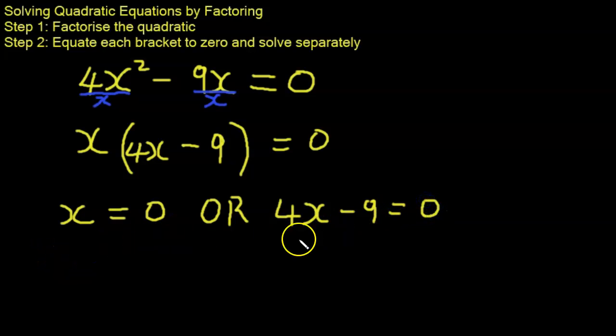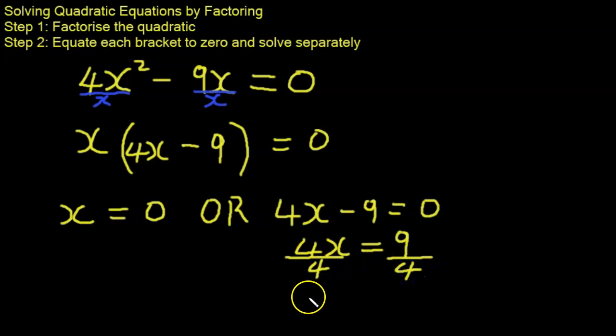Alright, so x equals 0 is a solution. 4x minus 9 equals 0. We can solve that. Add 9 to both sides. This becomes 4x equal to positive 9. Some of you would say bring over the negative 9. So 4x equal to 9. So we need to get rid of this 4, because remember the aim of the game here is to find the value of x. So we divide the left hand side by 4, which means we also need to divide the other side by 4.